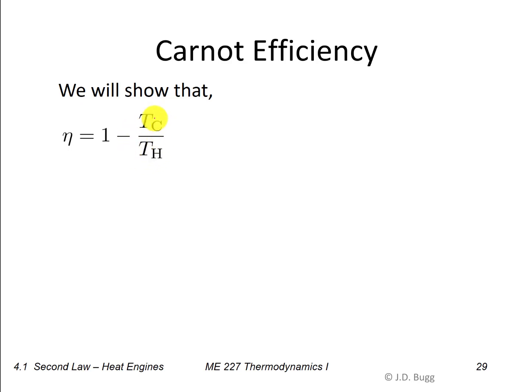So notice, instead of being written here in terms of work and heat transfers with the surroundings, for a Carnot cycle, we can determine its efficiency purely based on the temperature of the two reservoirs that it's operating between, Tc and Th. We're going to go through and develop that equation in a little while, but for now we're just stating it as a fact.